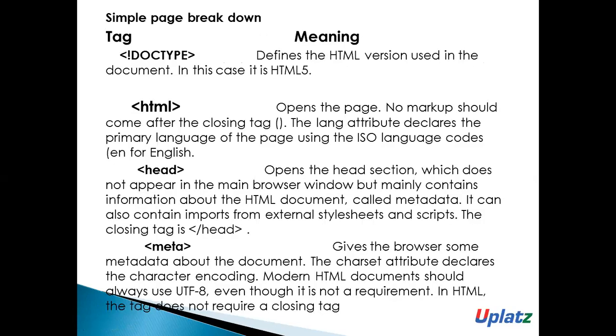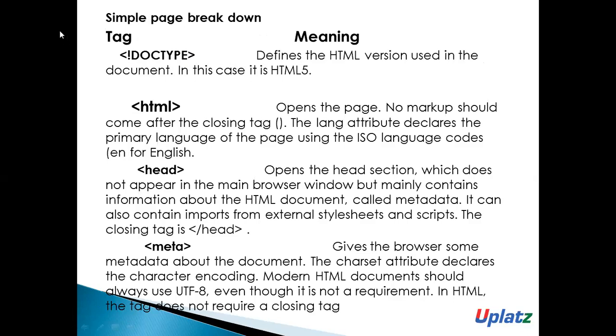Next I will explain the different tags. What are the tags which we have in HTML? So what is this exclamation doctype? The meaning of that particular line is that it defines the HTML version used in our document. In this case, it is HTML5.